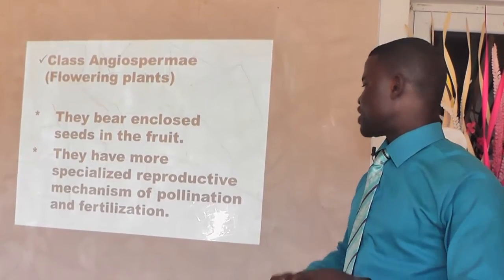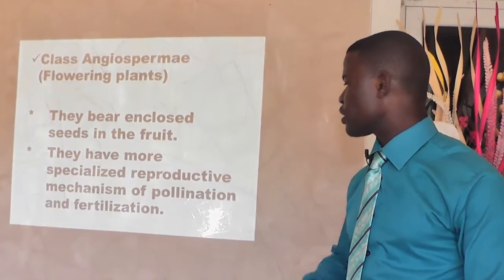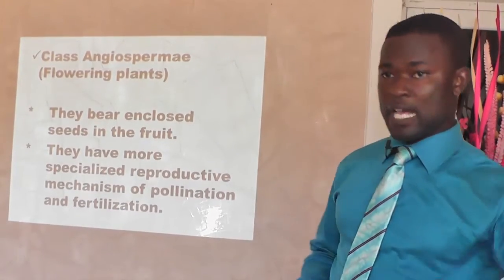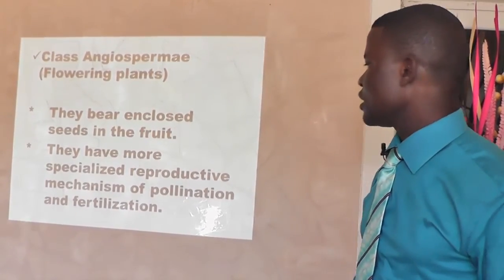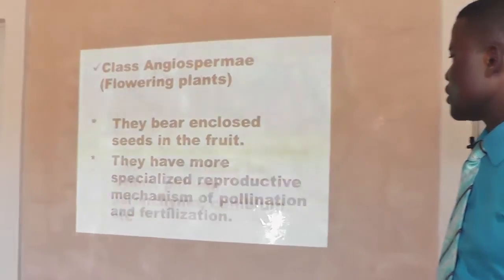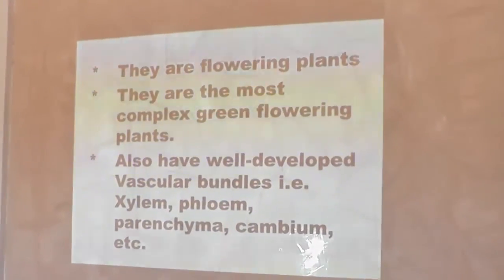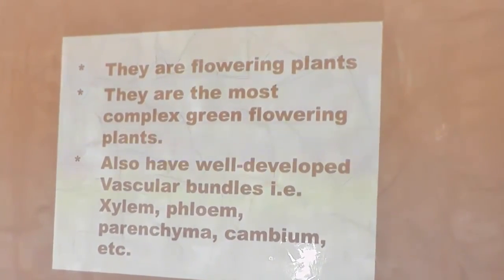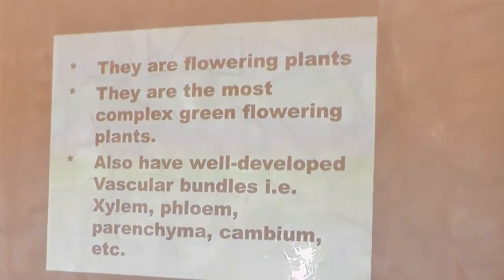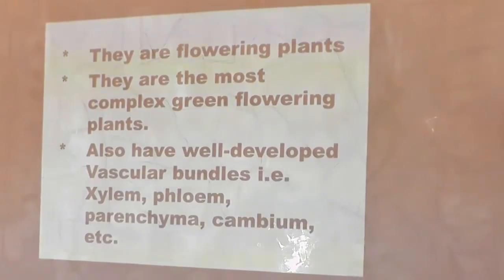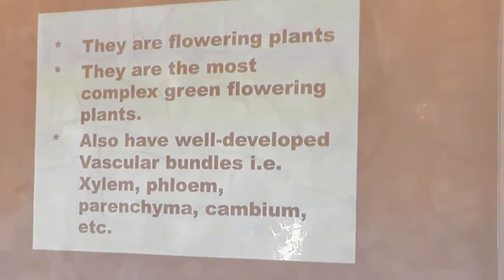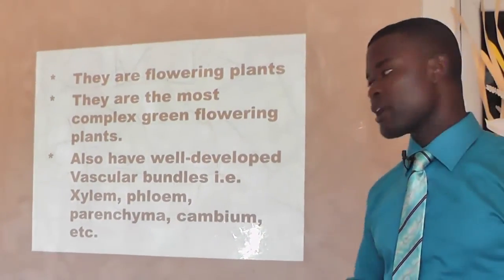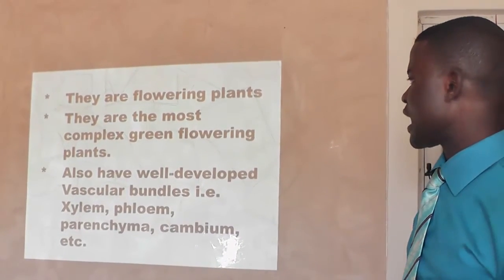They have a more specialized reproductive mechanism, which is pollination and fertilization, as contrary to the first one we mentioned, which is the gymnosperm. Then, they are the most complex green flowering plants in nature. They also have well-developed vascular bundles, which include the xylem, the phloem, the parenchyma, the cambium layer, and all of that.